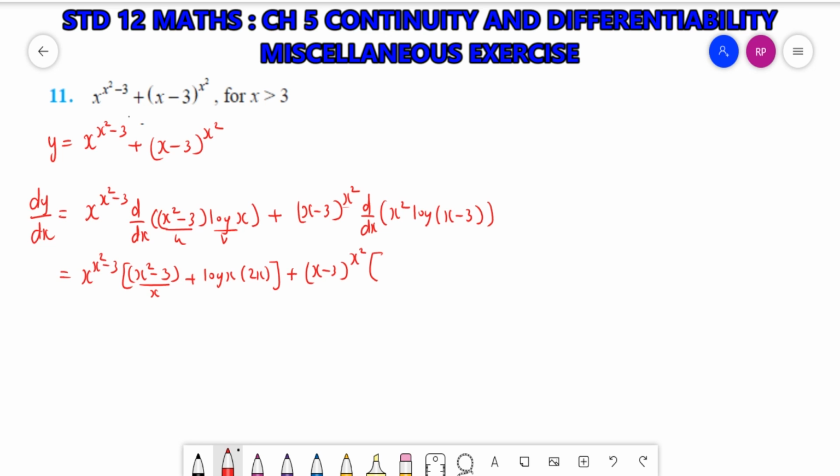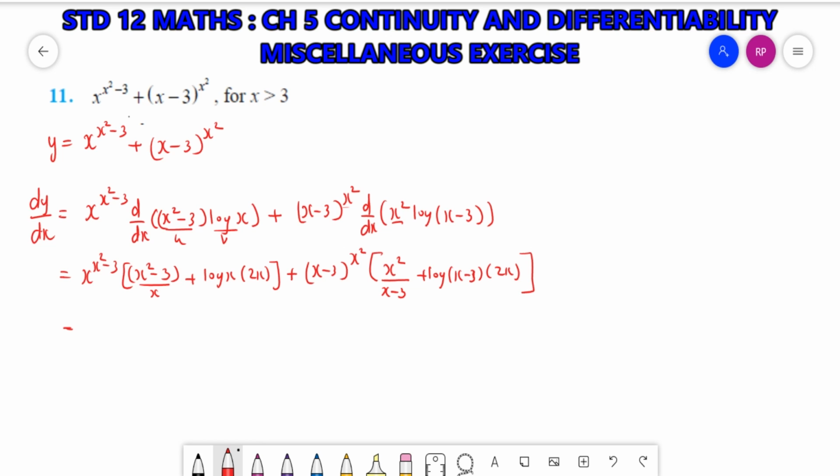Now d by dx again, u, x square as it is, derivative of log (x minus 3), 1 upon (x minus 3) into d by dx of (x minus 3) is 1, plus log of (x minus 3) into d by dx of x square, that is 2x.